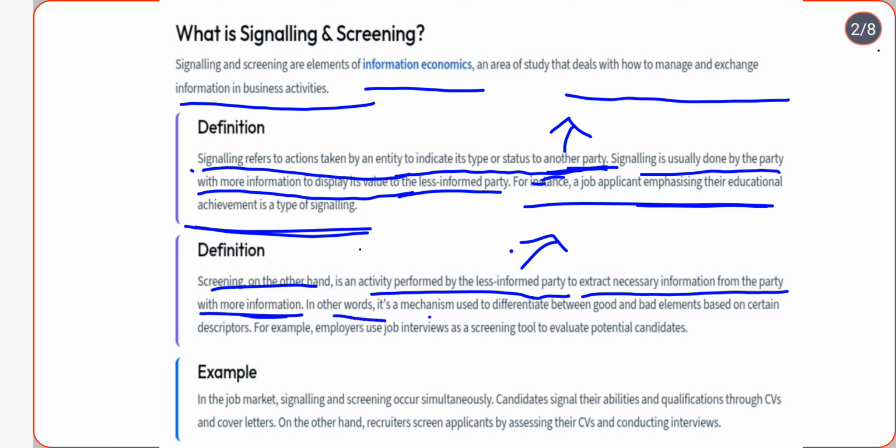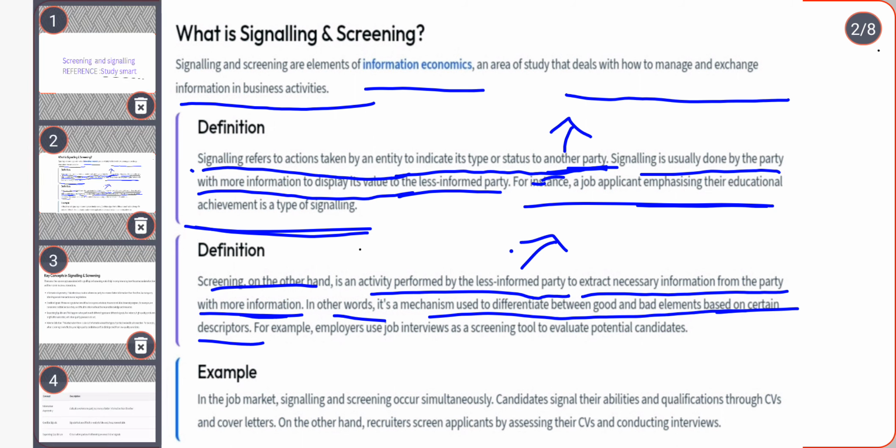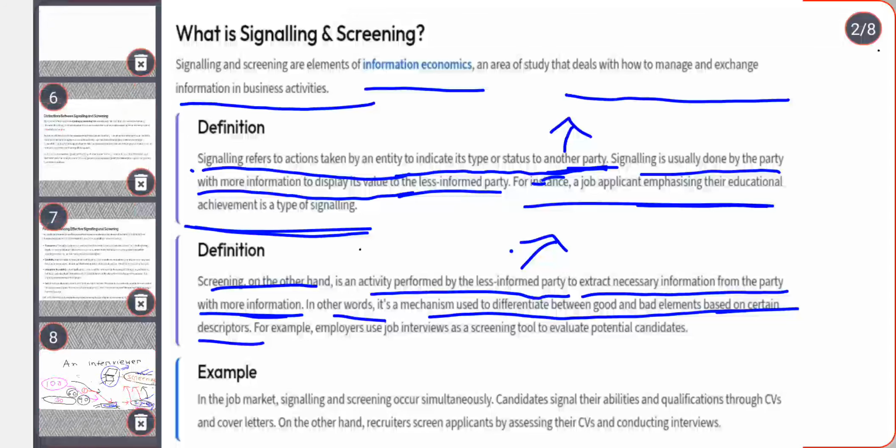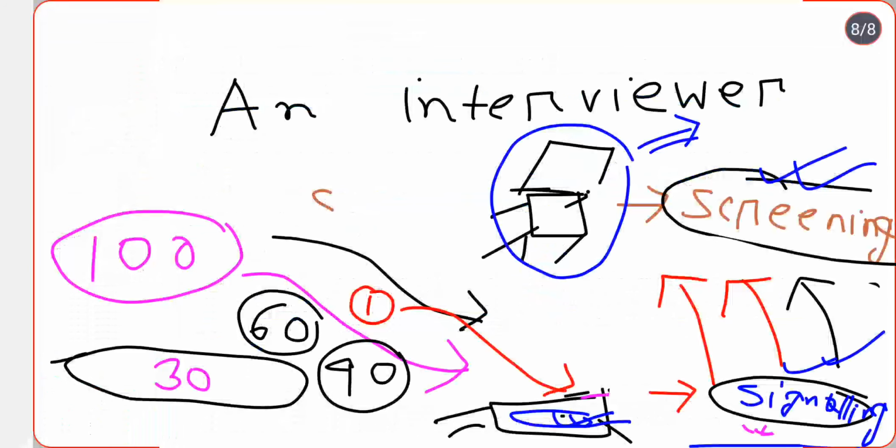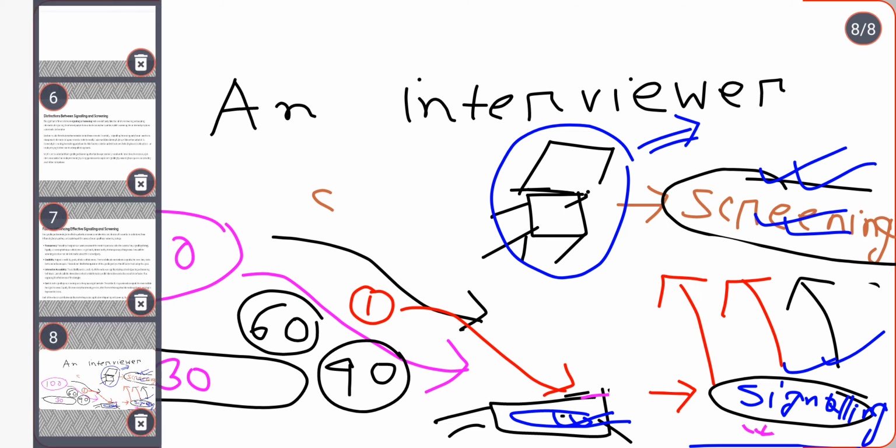In other words, it's a mechanism used to differentiate between good and bad elements based on certain descriptors. So screening is basically differentiating good and bad elements. The good candidate and bad candidate are differentiated on the basis of the screening. A bad candidate will not get the job and a good candidate will be selected in the interview and get the job.